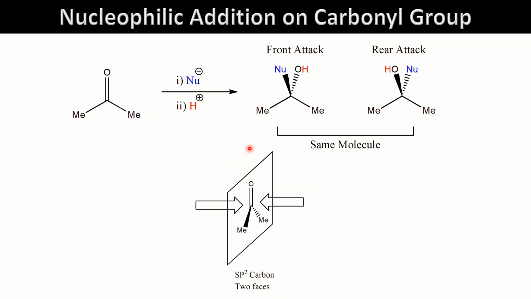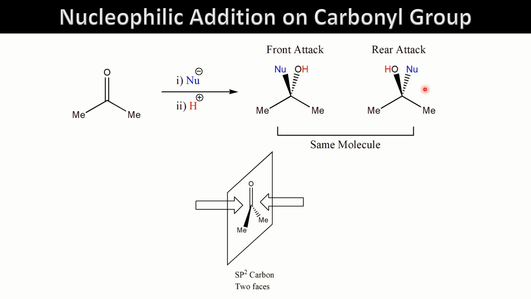Okay, so now consider this example where there is a carbonyl group in between and two sides are having same groups, and if this compound undergoes nucleophilic addition reaction, you will get either front side attack of the nucleophile to the carbonyl carbon, then you'll get this product, or rear side attack, then you'll get this product.